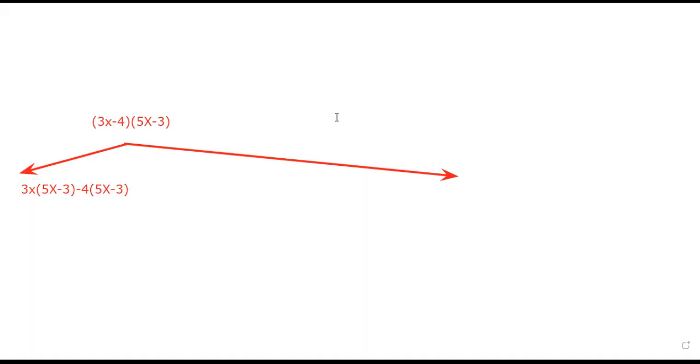Once we multiply, we will distribute the power over, we will add the power after we multiply the coefficients together. Then 3 times 5, it will be how many? 3 times 5 will be 15x to the power of 2.